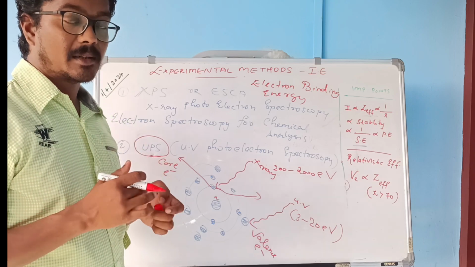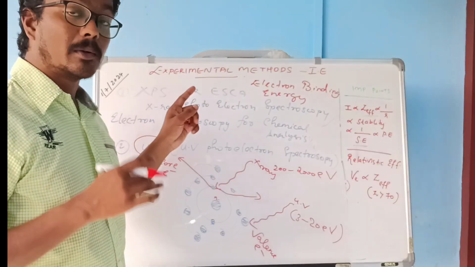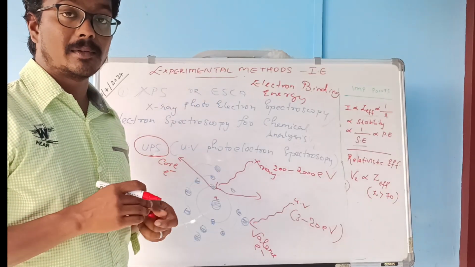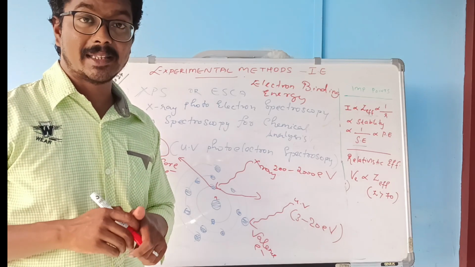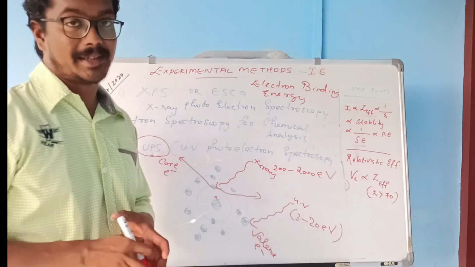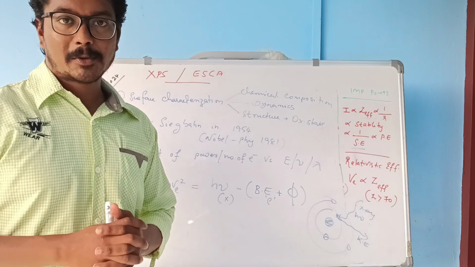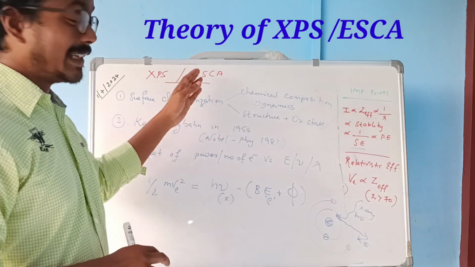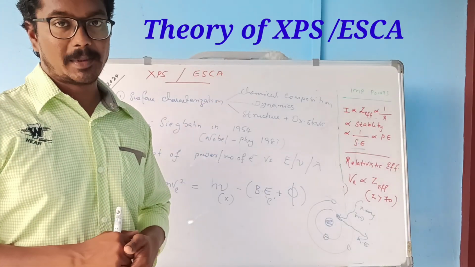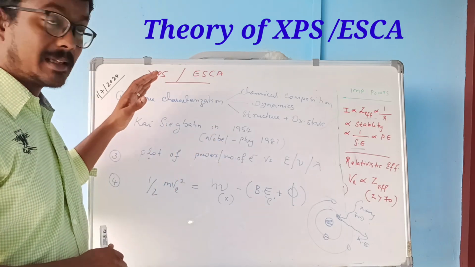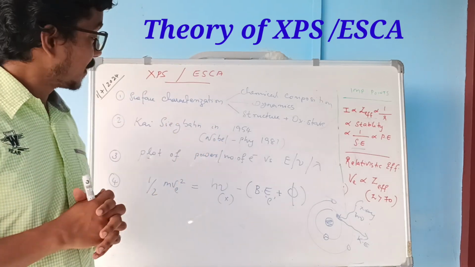Hence we depend on XPS, X-ray photoelectron spectroscopy, to determine the ionization energy or electron binding energy. X-ray photoelectron spectroscopy, or ESCA, the electron spectroscopy for chemical analysis. We are going to explain the concept briefly.